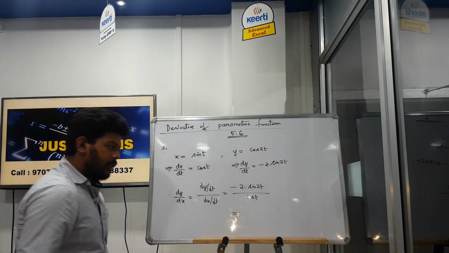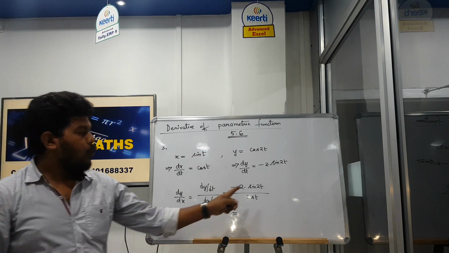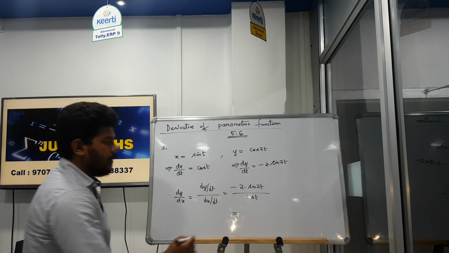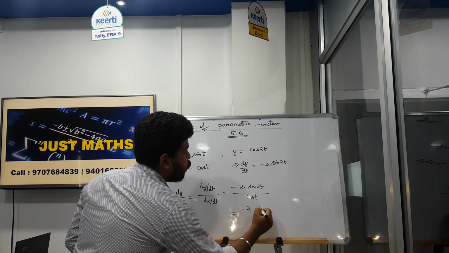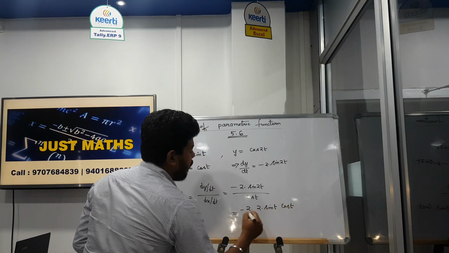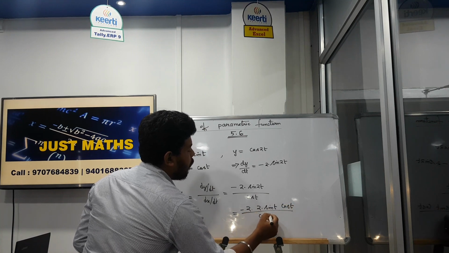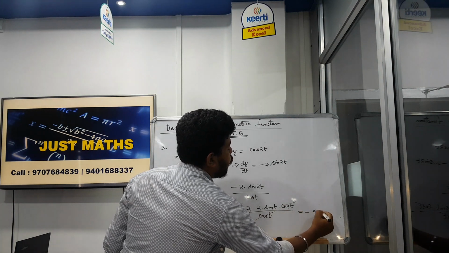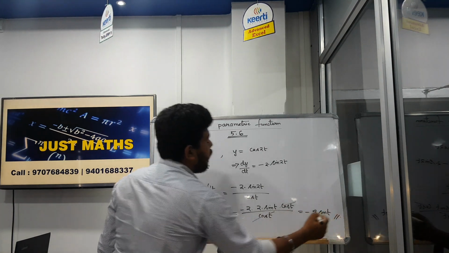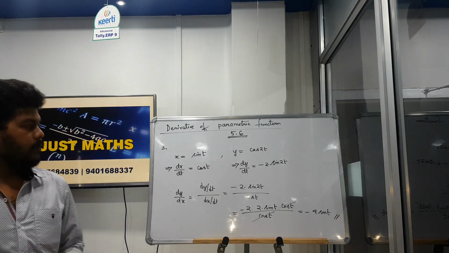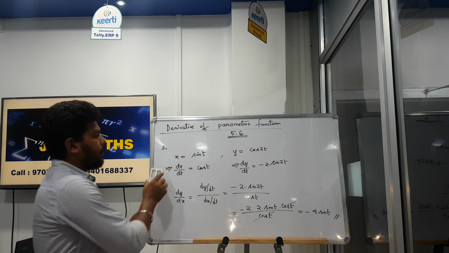If you can, then simplify it. What is sine twice a? Sine twice a is twice sine a cos a. This is minus 2 into twice sine t cos t divided by cos t, which will be minus 4 sine t. If possible, then simplify the solution. This is your number 3.